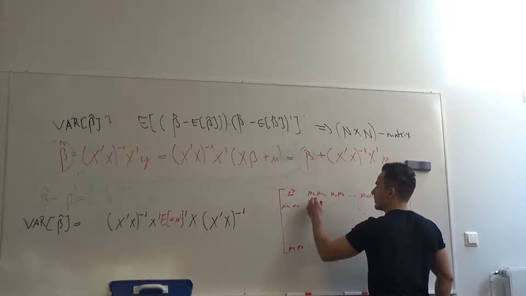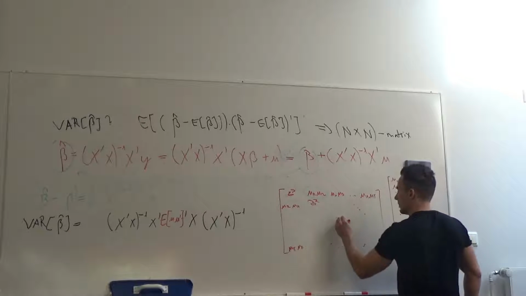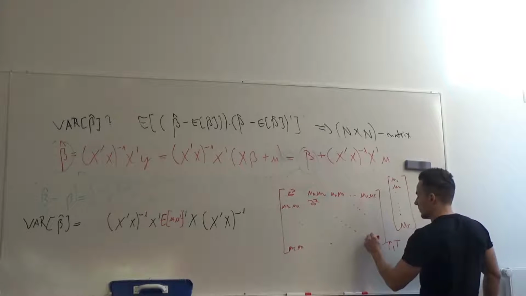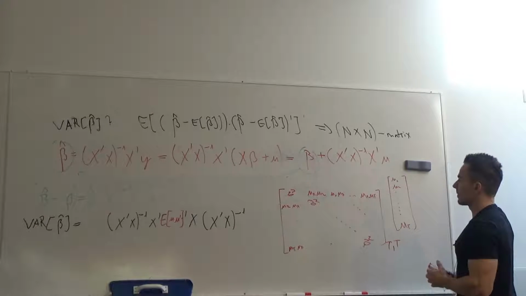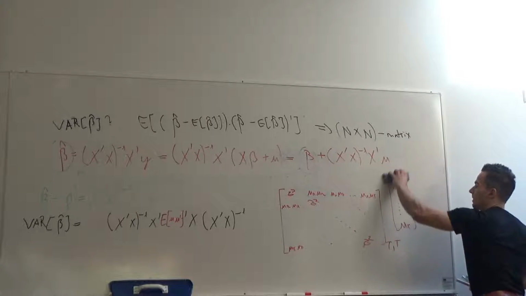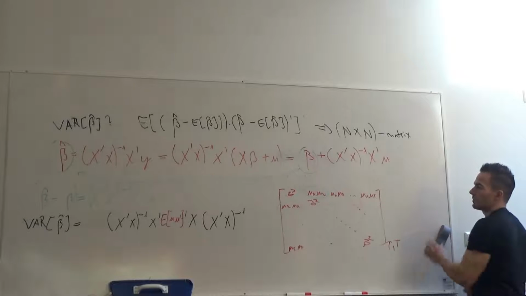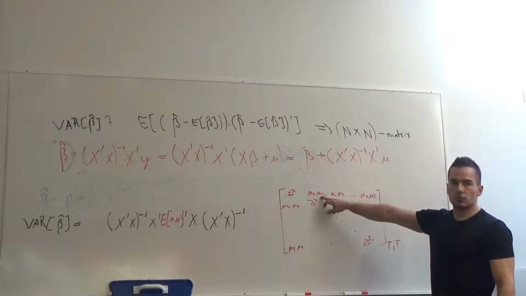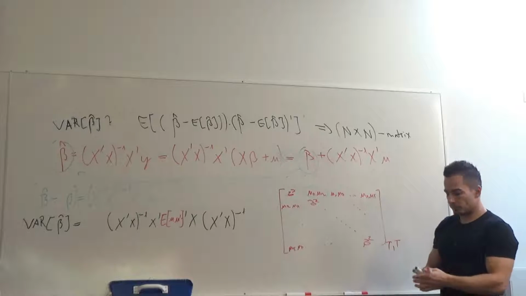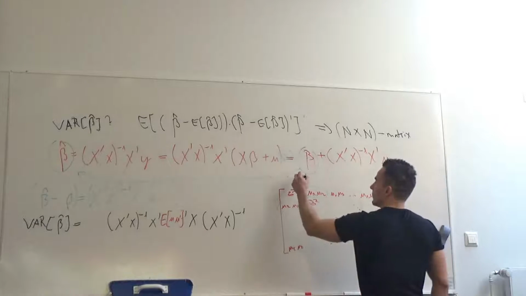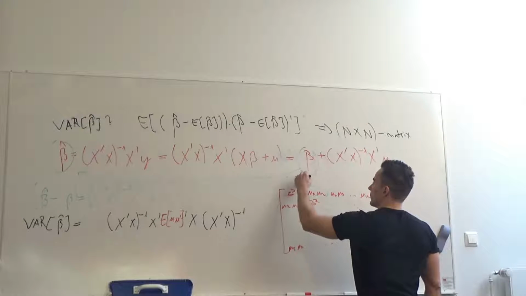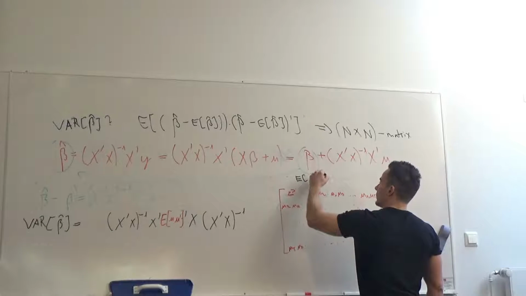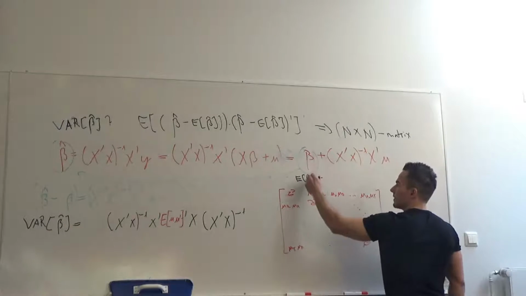Sigma squared on the main diagonal. So what's the expectation of u1 times u2? We do now the same trick.